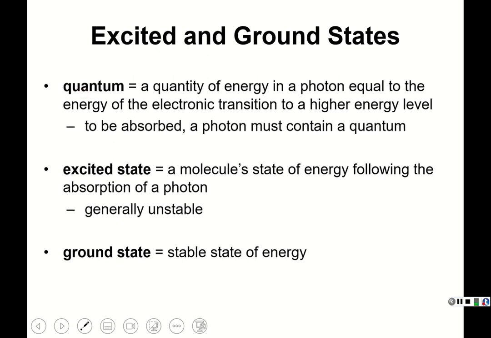By quantum mechanics, the energy of that photon is going to be equal to that electronic transition of going from a ground state to an excited state, a higher energy state. Right? And ground state, again, that's just the stable state, the lowest energy state of, in this case, the electron.